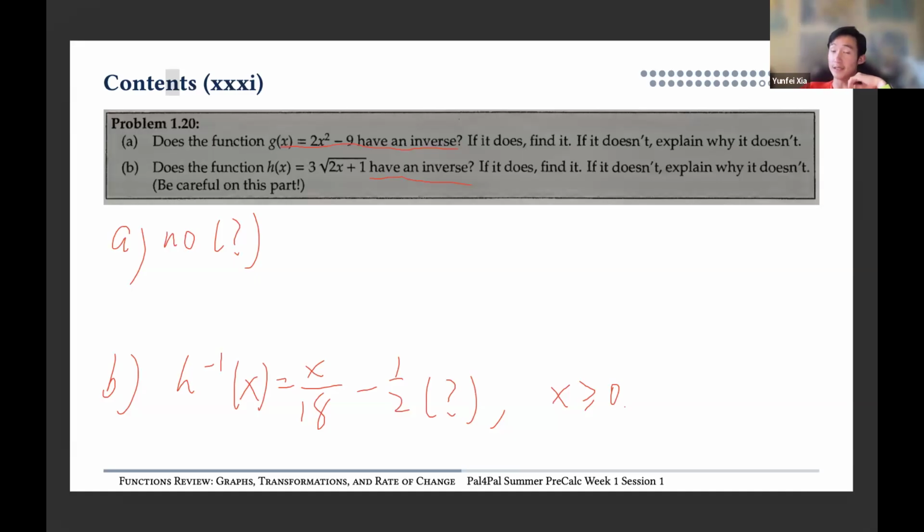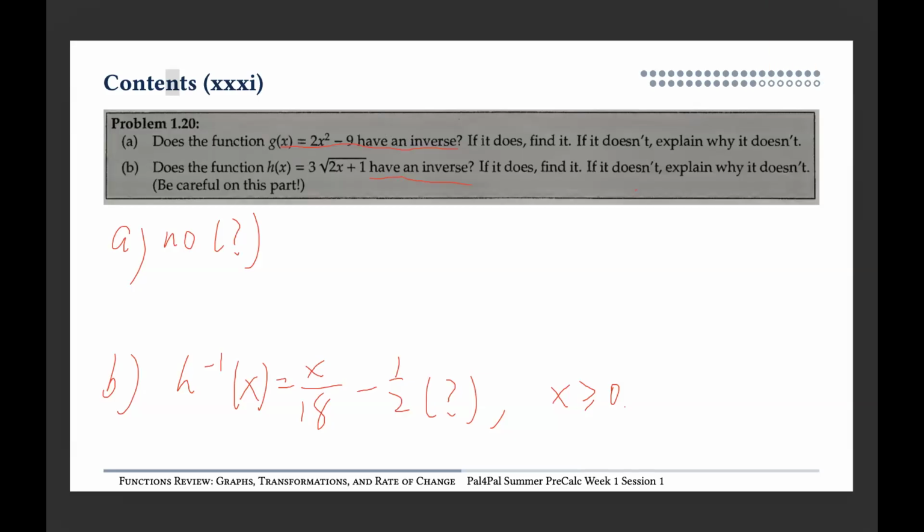Okay, we have quite a few responses, and I'm gonna talk about the solution now. In the first one, does this have the inverse? Since we have plenty of time, do you guys want to talk about your solution? You can just unmute yourself and talk about it.